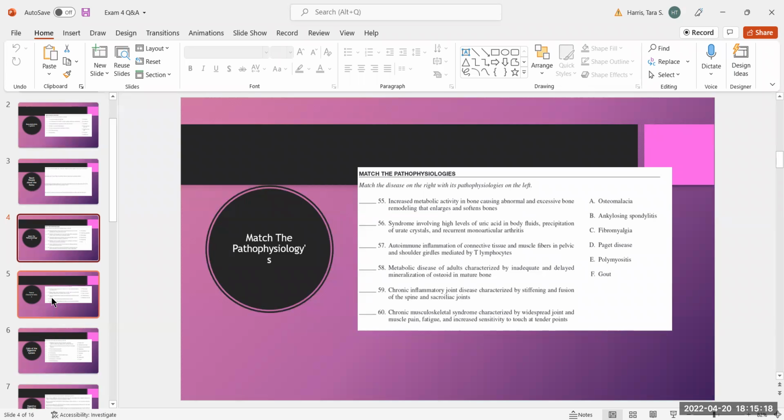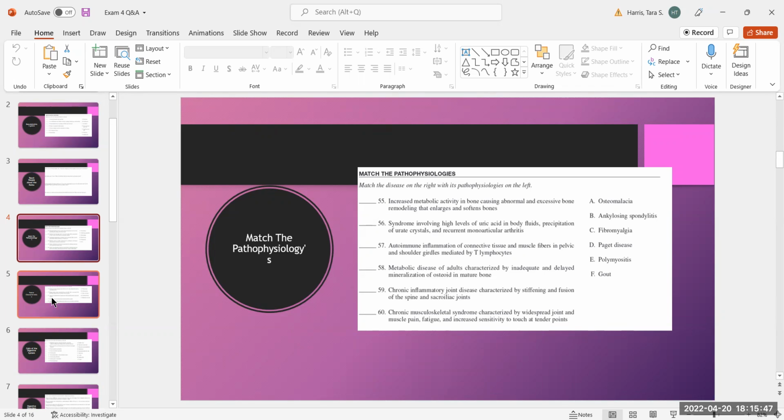Any idea which disease process that would be? Osteomalacia, ankylosing spondylitis, fibromyalgia, Paget's disease, polymyositis, or gout. Osteomalacia, isn't it? It's actually Paget's. Oh. Okay. So it's Paget's disease.